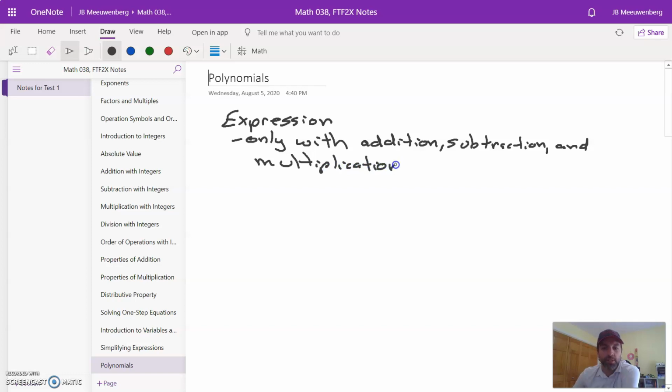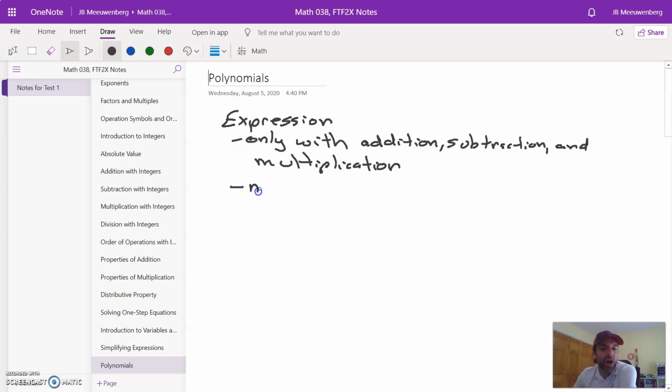So what you'll notice is division is left off of that list. The other thing, it has to have exponents. It can have exponents, but they have to be non-negative integers. They have to be non-negative.